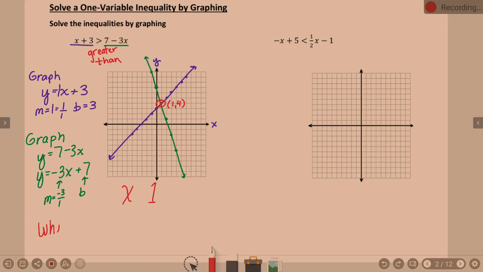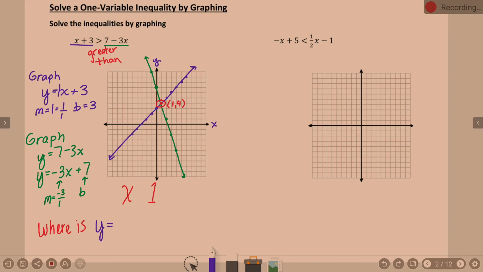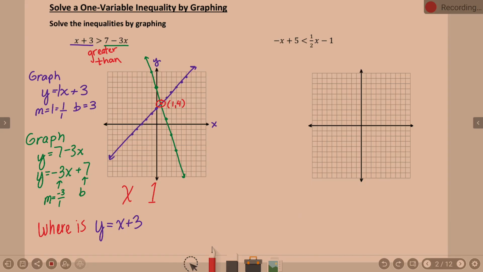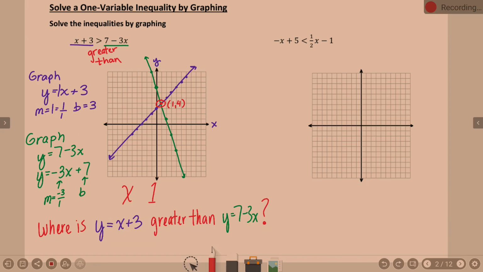So where is my purple line of y equals x plus 3 greater than my green line of y equals 7 minus 3x? Okay, that's the question you're asking yourself. Where is purple greater than green for my screen?